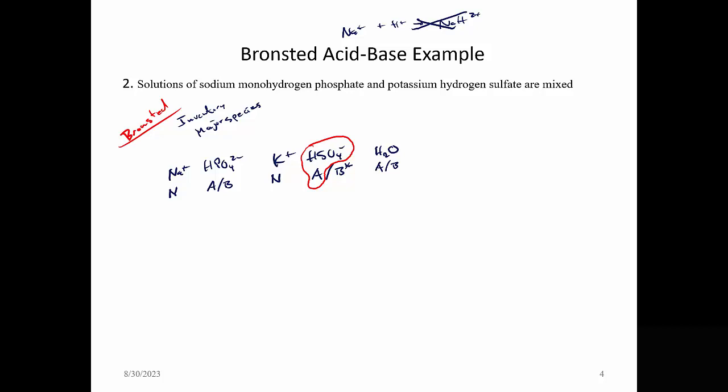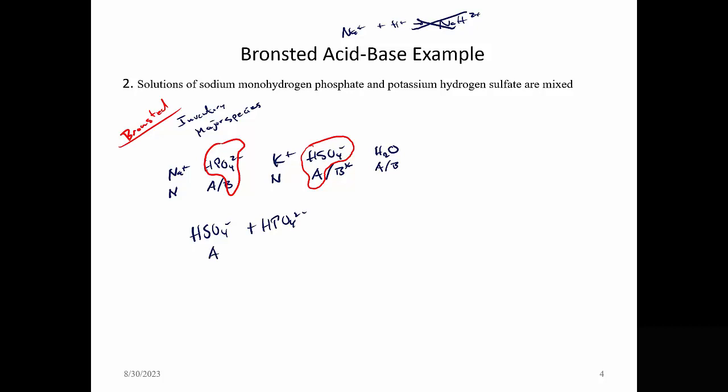Yes, so this is the better base here. And that's what dictates how we know how it's going to act: we compare it. We want the strongest species to react. And so we'll take the strongest acid, HSO4 minus, and react it with the strongest base, HPO4 2 minus.